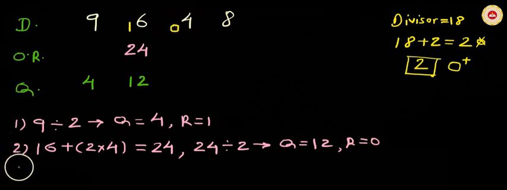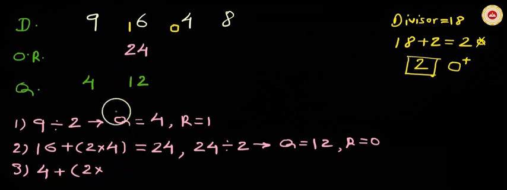Step number 3. You cannot divide this 4 directly by 2. For that you have to calculate the osculation number. So 4 plus, to this 4 add 2 times the last quotient, 2 times 12, which is equal to 4 plus 24. 12 2s are 24. 24 plus 4, 28.